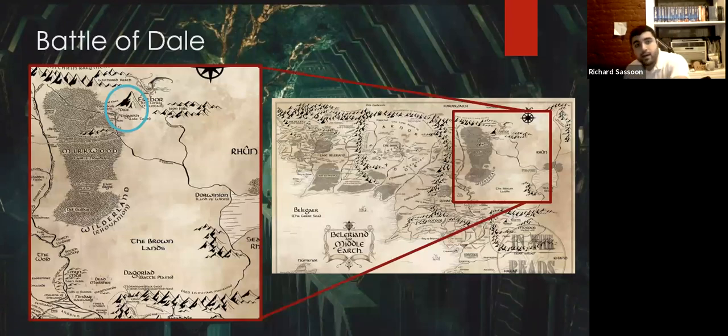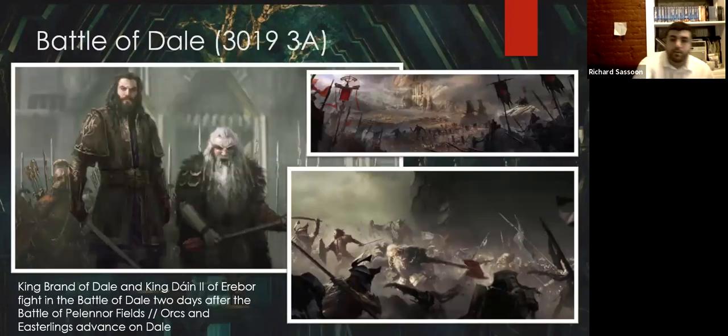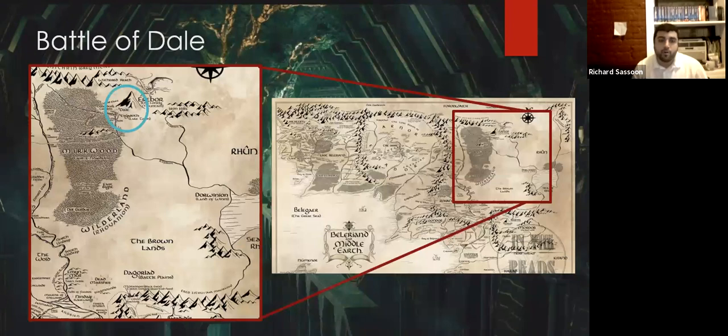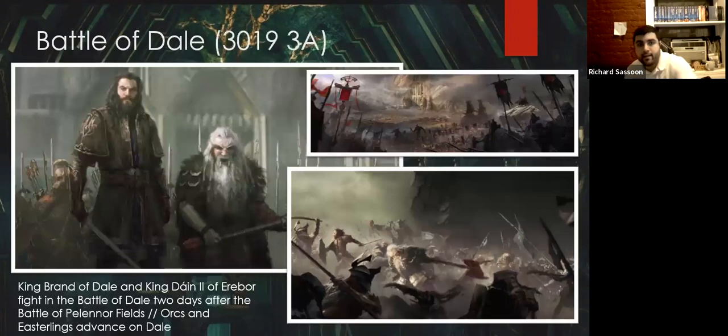And finally, during the attack on Minas Tirith, Dale and Erebor are also attacked by the forces of Mordor. King Dain is around 250 years old at this point, the end of his life as a dwarf. But he stands with King Brand of Dale, who's the grandson of Bard, the Dragon Slayer, who killed Smaug.